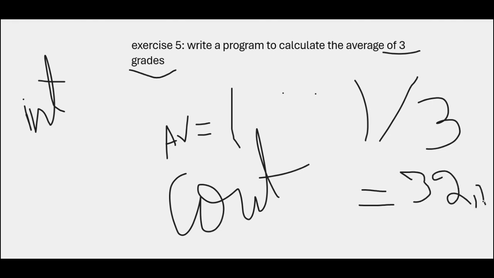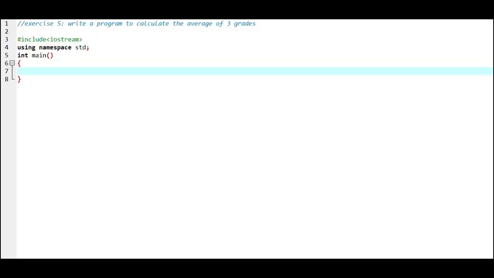When I need to define the average, I need to use double. Double is used when I need to calculate the average, because the number can be a decimal number. Now let's go write the code and let's define the 3 grades.